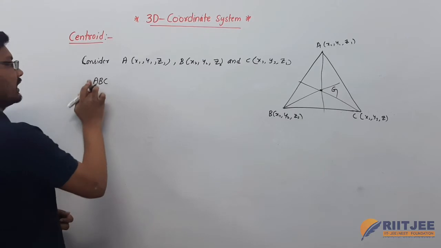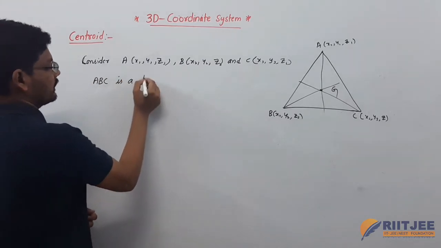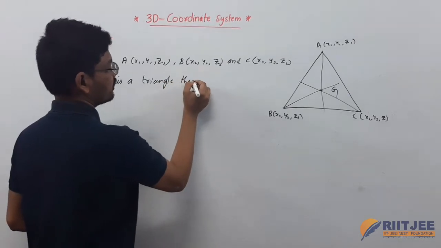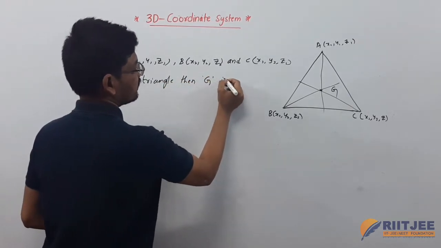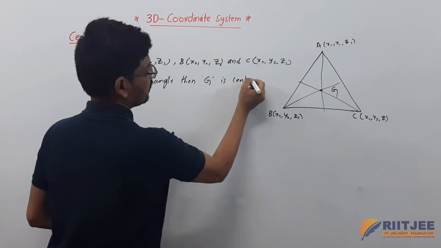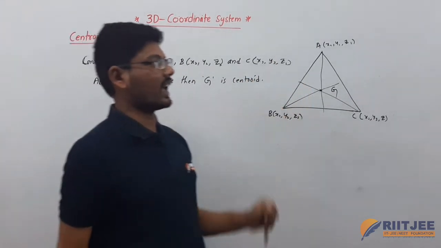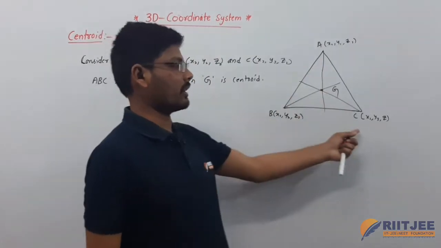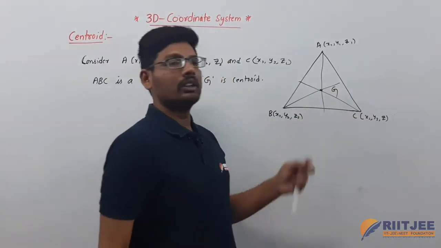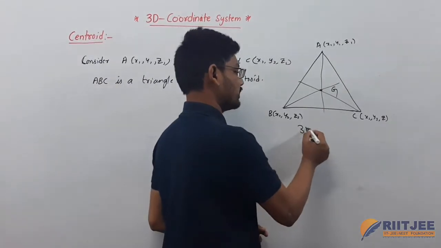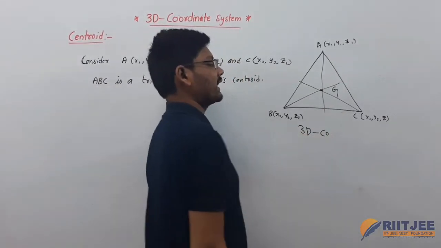Here ABC is a triangle, then G is the centroid of the triangle, where A, B, C are 3 points of a 3D coordinate system of a triangle.